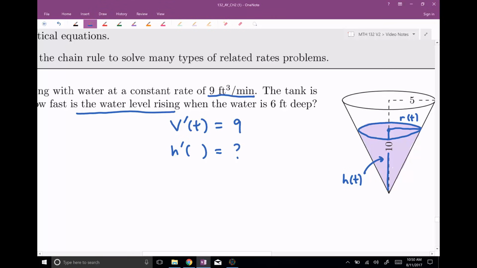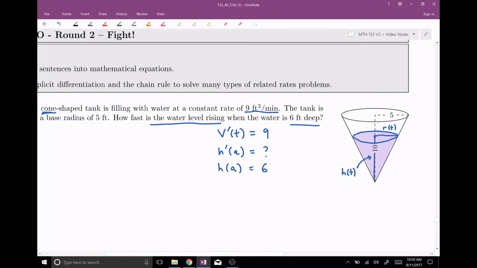It doesn't specify a time, not 3 minutes into this experiment, or 5 minutes in, or wherever. So I'm going to use a, at some time. And the thing that we know about this particular instant is that the height, or the water level, is 6 feet deep. So the height at this instant in time is 6. All right, so those are the things that I know so far.